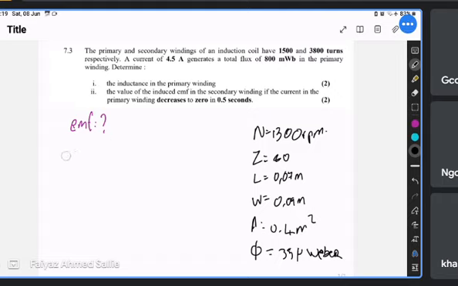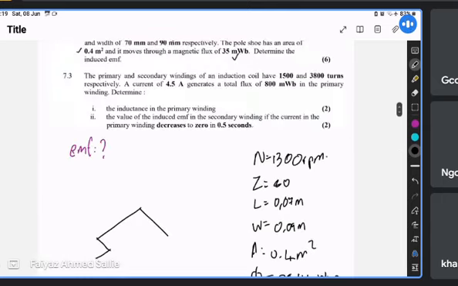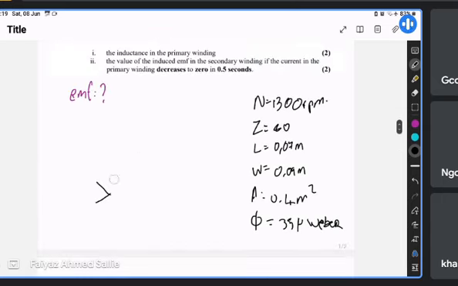So let me draw these windings and whatnot so you guys can understand. Let me add another page over here. Let me draw a diagram that you guys can use in the exam venue. I like to draw this diagram of an electromagnet motor, you know.